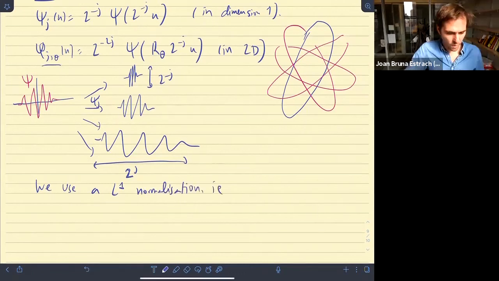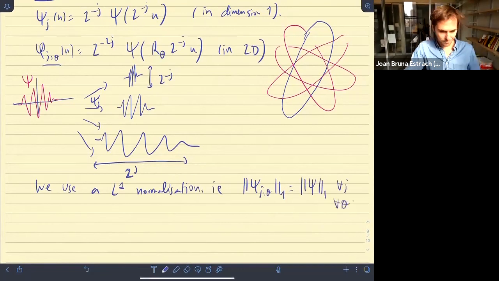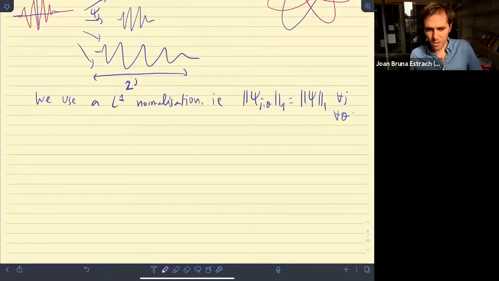Basically, the L1 norm of the filter is the same as that of the model wavelet, for all j and for all rotations. This is a technical condition needed for the representation to be well defined, as a representation that preserves the energy that we care about.